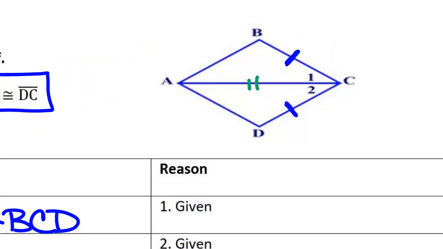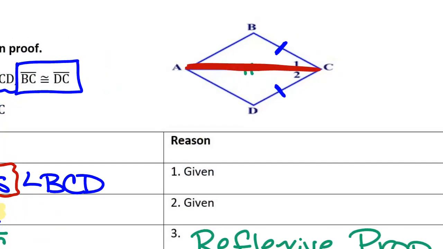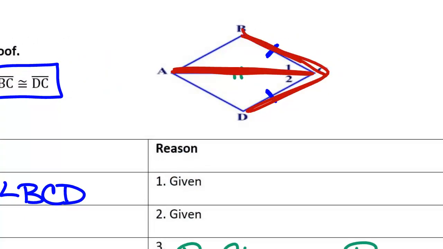It says AC, here's AC, bisects angle BCD. Here's angle BCD. So what could I call the two smaller angles that are the same size? Not BC, that's a side. I need an angle.